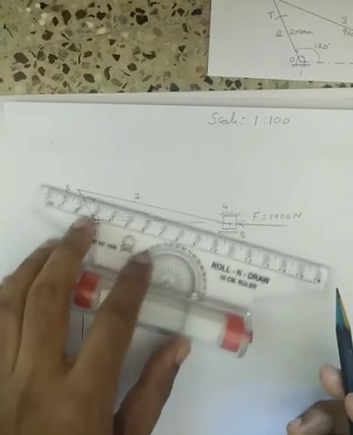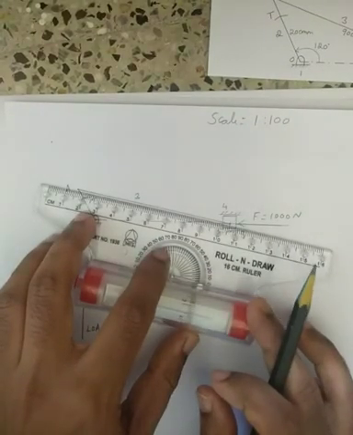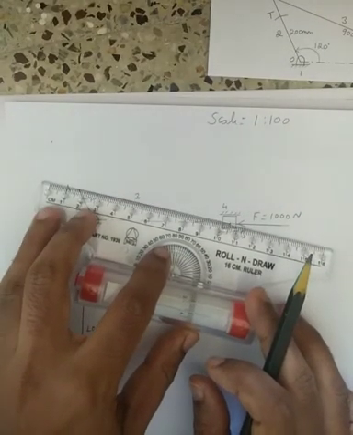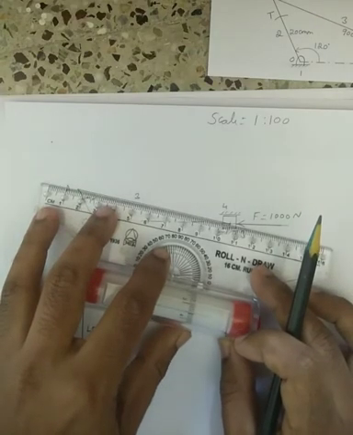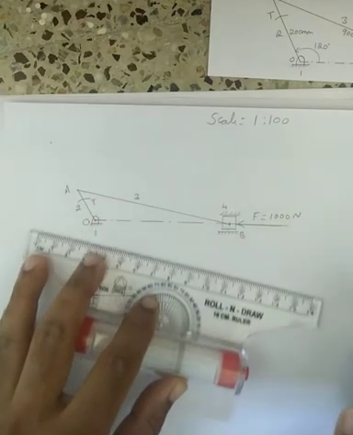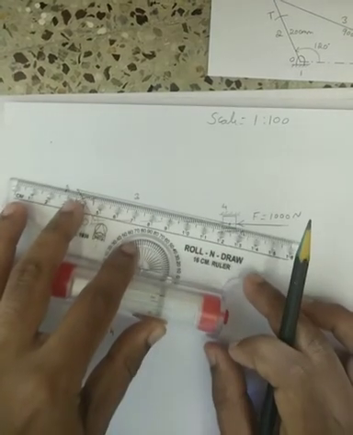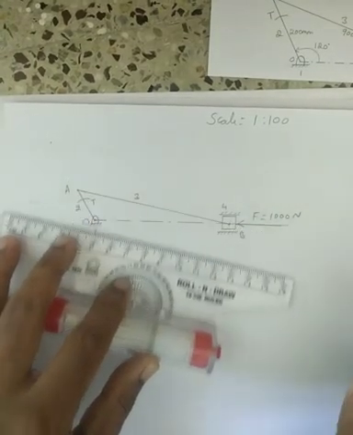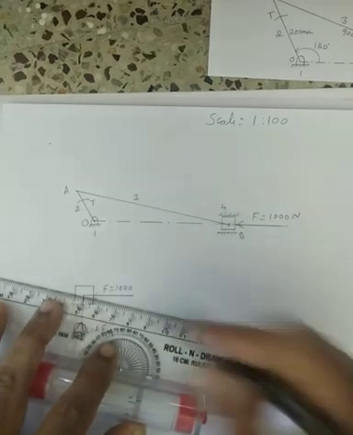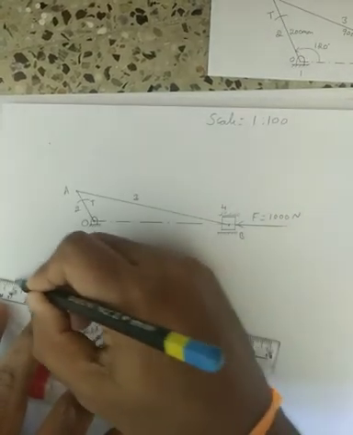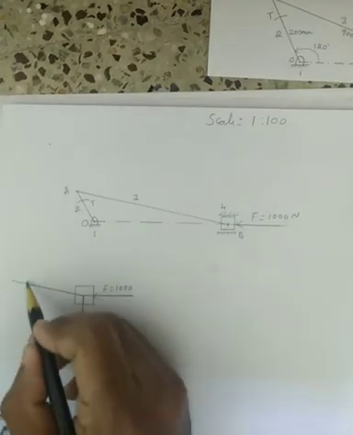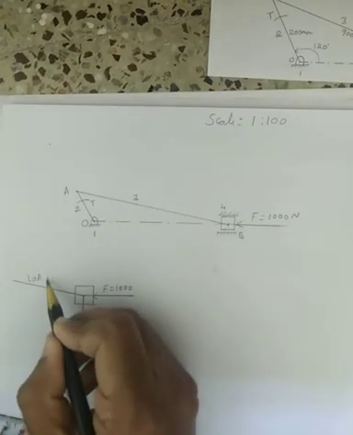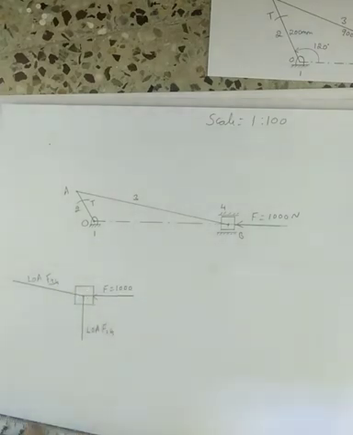So I will take the line of action and drag it, and from that point I will indicate the line of action of F34, the applied force, and the line of action of F14.